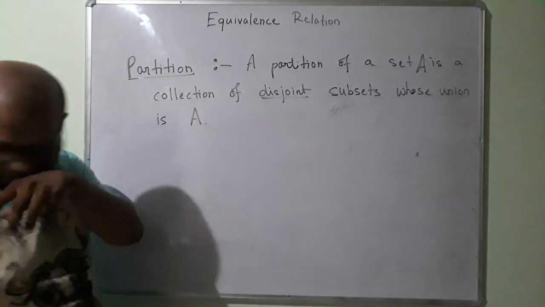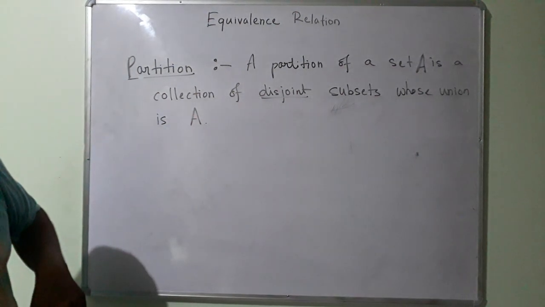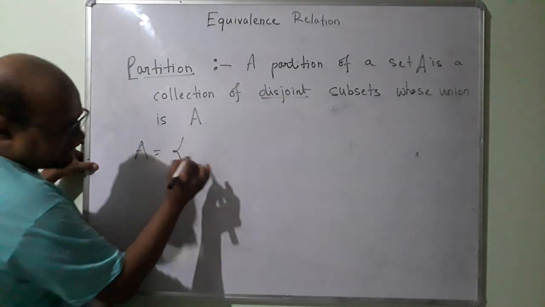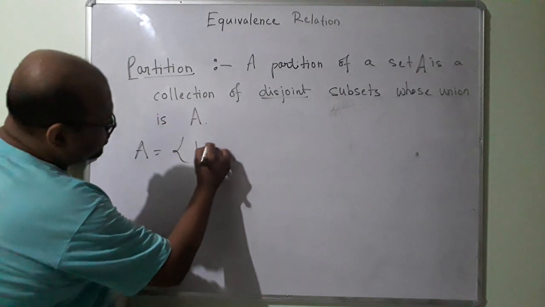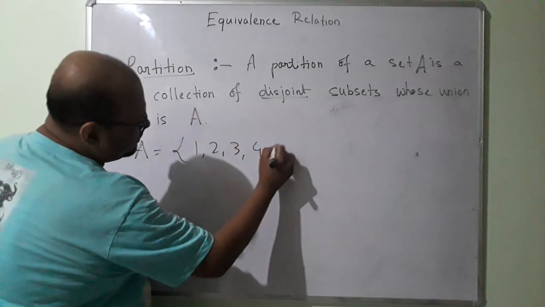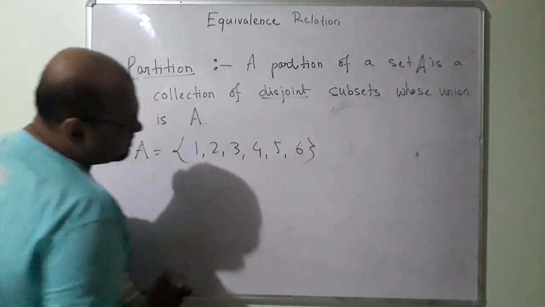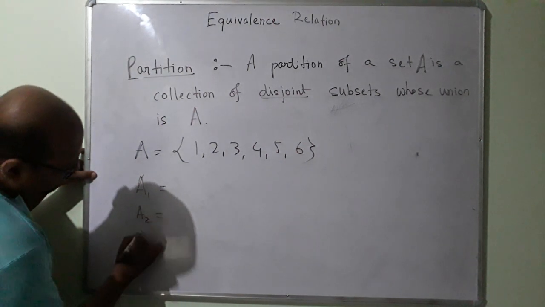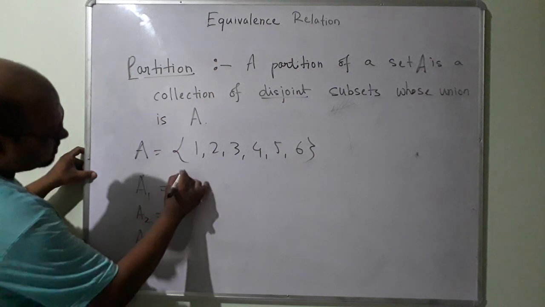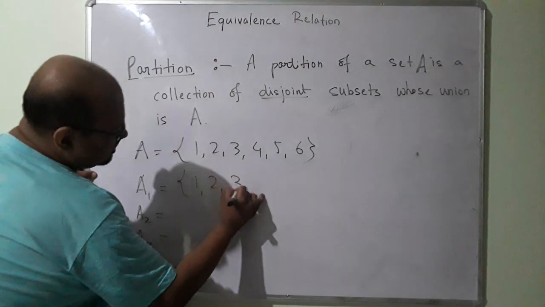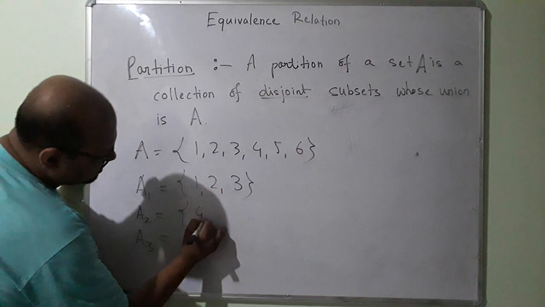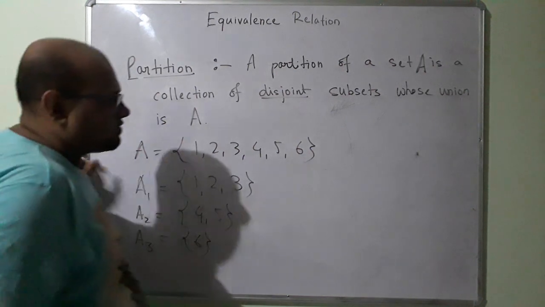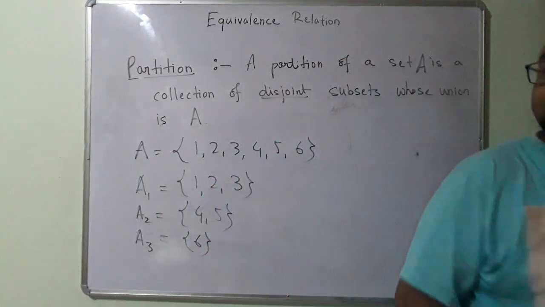Okay. So let me show this with an example. Let us say I had this set A and it contained 1, 2, 3, 4, 5, 6. Then say A1, A2, A3 are these sets. What is a partition?